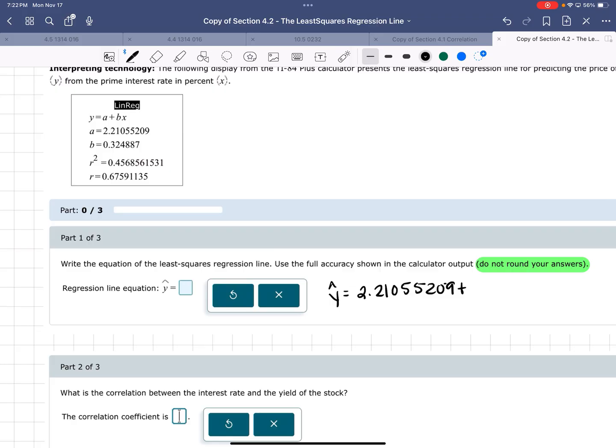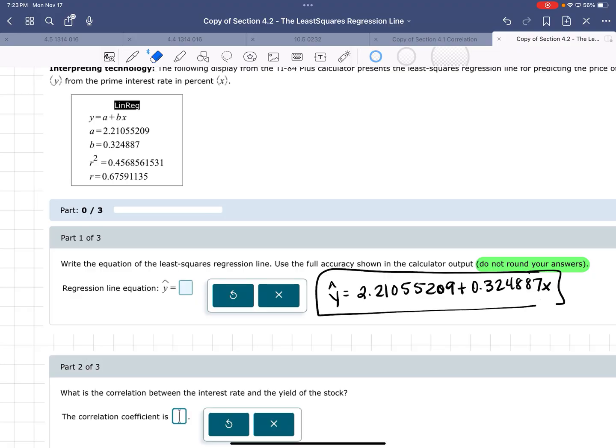Plus 0.324887x. Guys, all they're trying to do is see if you can read a calculator. Yes, you can.